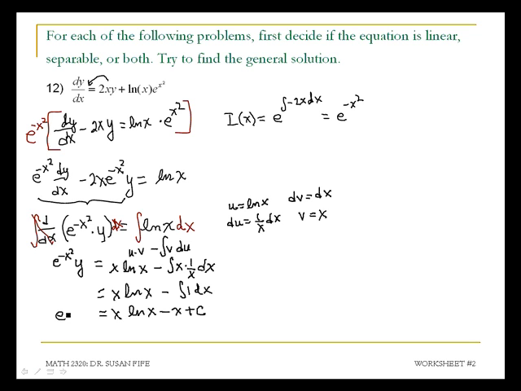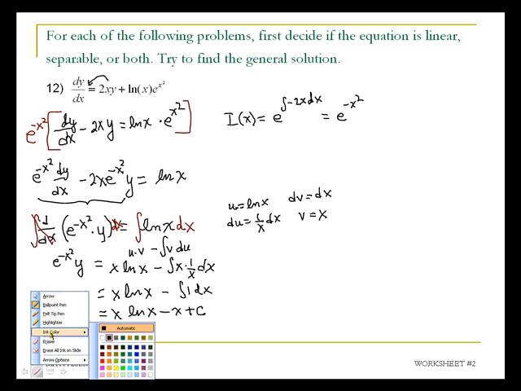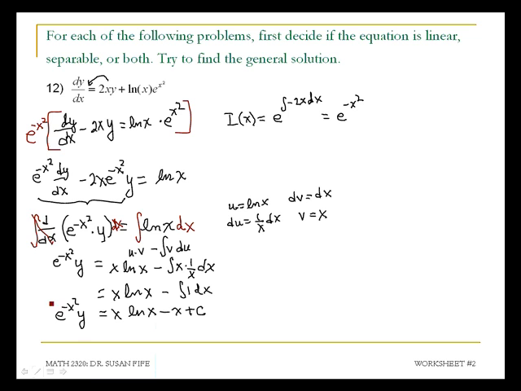So I get e to the negative x squared y is equal to x natural log of x minus x plus c. And this equation can easily be solved for y by multiplying by e to the x squared on both sides of the equation.